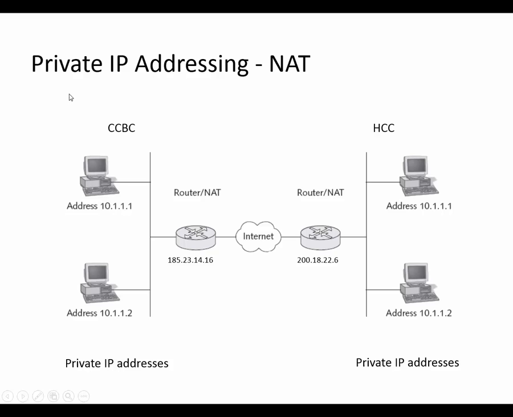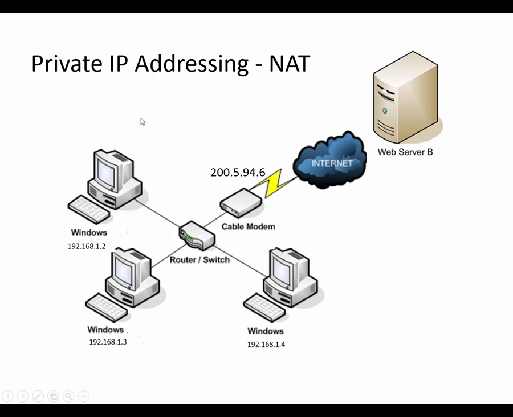This is an example of a large institution using network address translation, but we also see it used in small institutions. Here we can see that this computer has an IP address of 192.168.1.2, and the next one has an IP address of 192.168.1.3. This is a private IP address range.